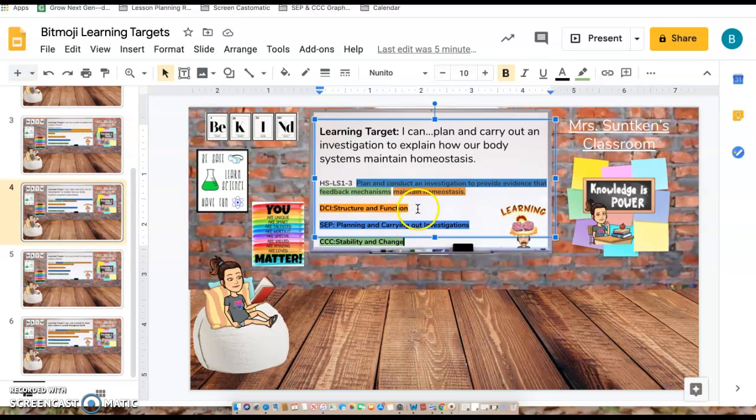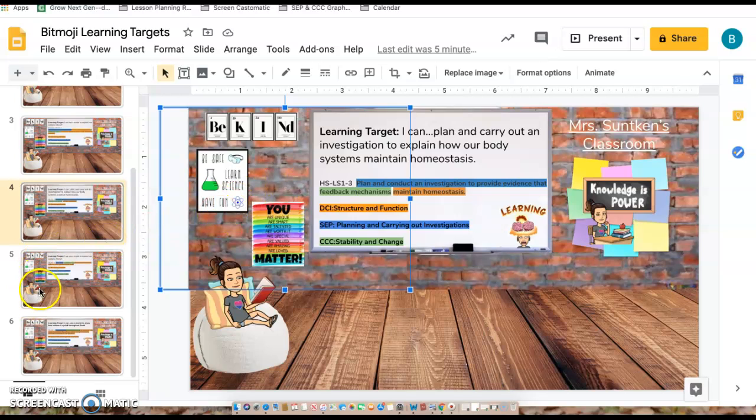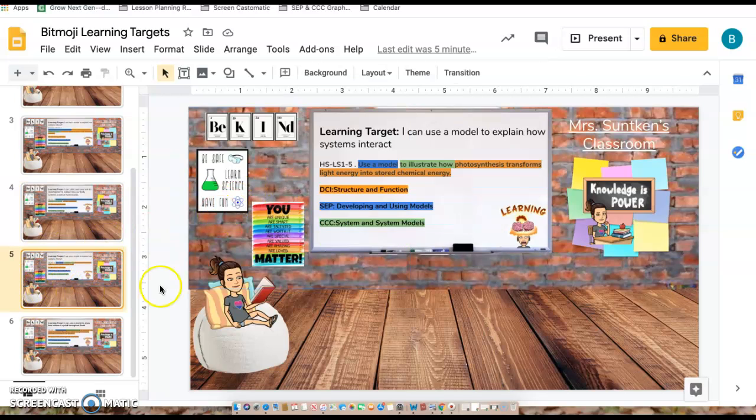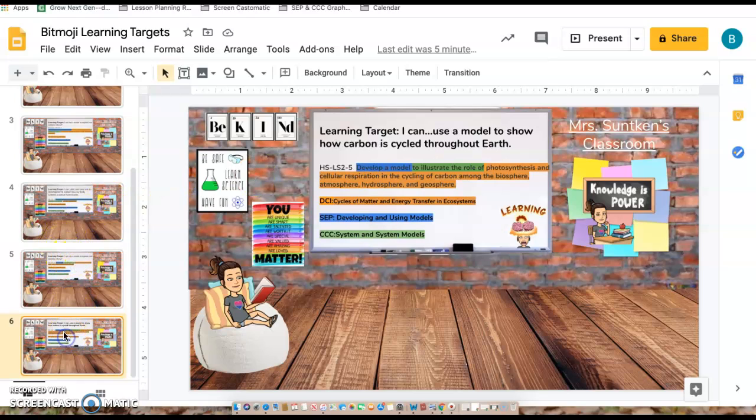And then our DCI, or disciplinary core idea, remember that's do you know science, we'll highlight in orange: maintain homeostasis, and we're going to be focusing on how our bodies maintain that homeostasis.